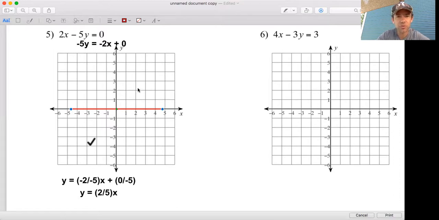So that would be the right graph for this function here. Y-intercept 0, slope is 2/5.